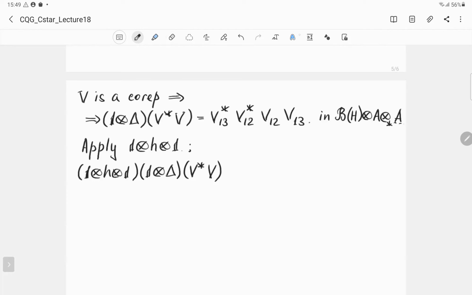So what is this? The composition of H tensor 1 and delta, since H is a Haar state, is nothing but eta H, where eta is the unit map.